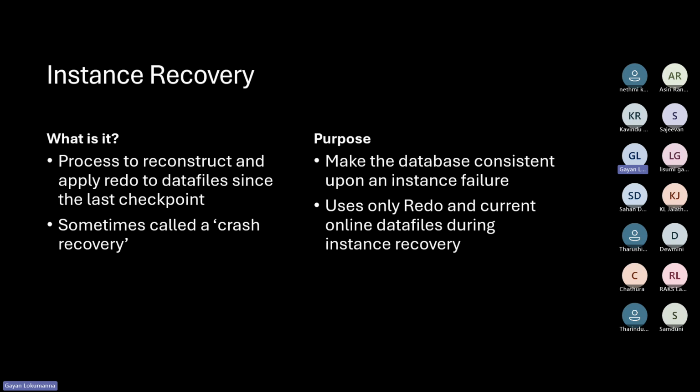Whereas in a shutdown abort, this checkpoint will not occur, so it just shuts down as is. When you bring up the database next time, the database will not be in a consistent state. So this is one of the scenarios that triggers a database instance recovery.